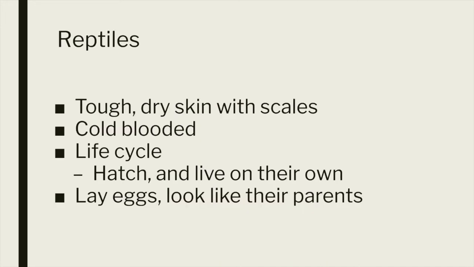A couple other things is that they're cold-blooded. Their life cycle is that they hatch instead of being born, and that right away they can live on their own. So if you think of babies, they couldn't live on their own right away, whereas reptiles are able to as soon as they are hatched. Continuing to read about birds.